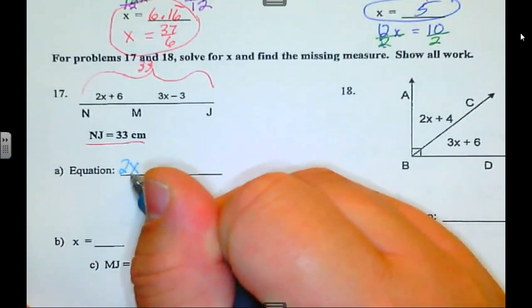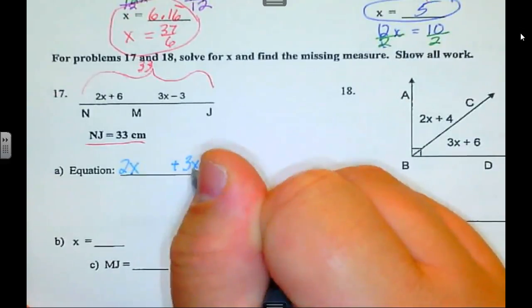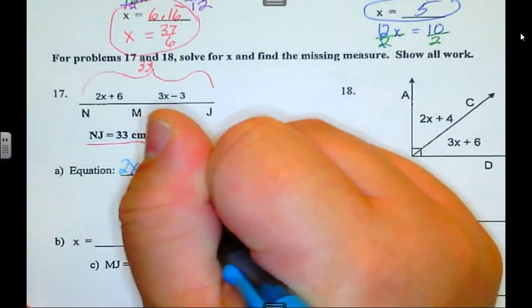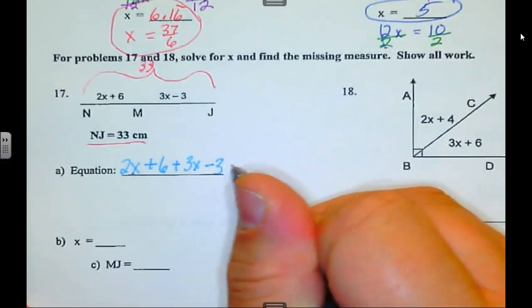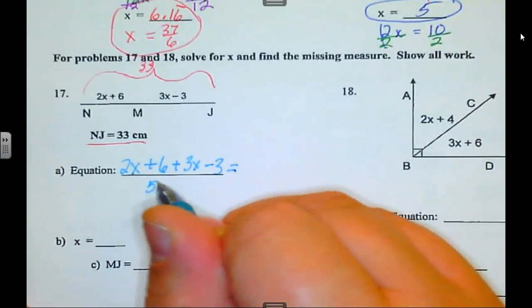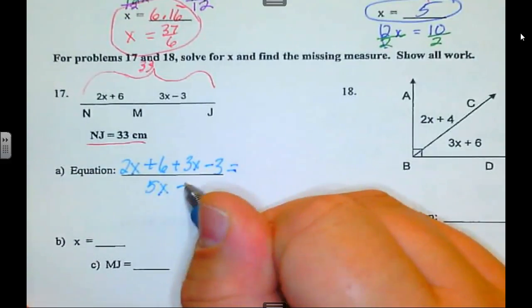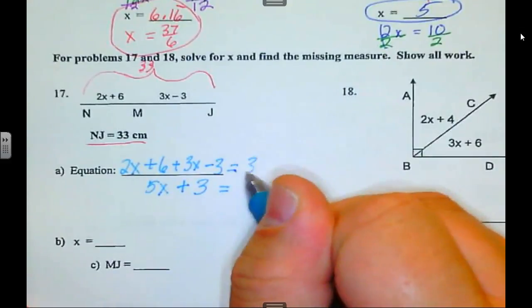I'm going to add the variables together. Should I add the numbers? And what is it going to equal? It's going to be 5x equals 33.